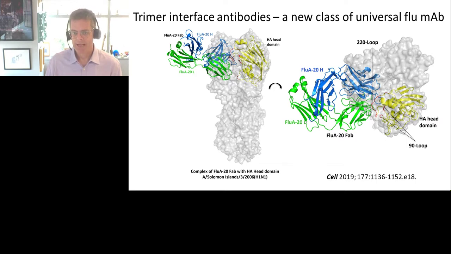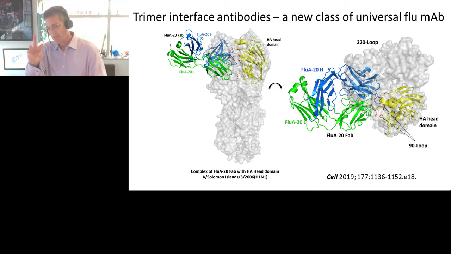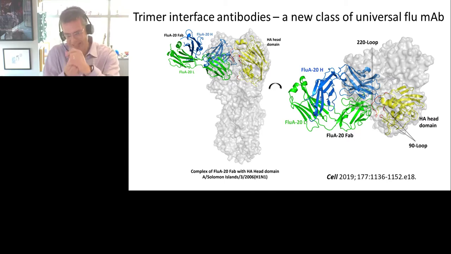But if you represent that complex in the context of the trimer, so HA is a trimer, there's no way that that antibody could bind when the HA is in a closed trimer, because the epitope for binding on the HA head domain is on the inside of the trimer, in the trimer interface, or the interface between two HA heads at least. This is very important because it reveals that at some point during the virus life cycle, the HA head domains must open up.